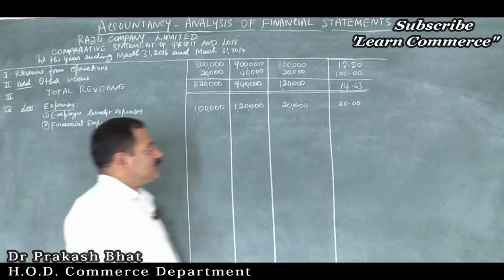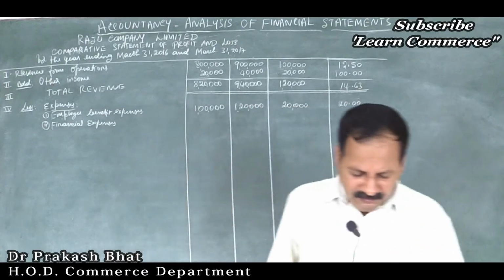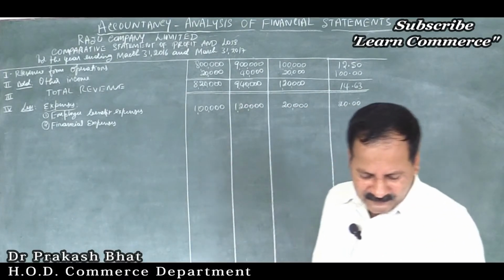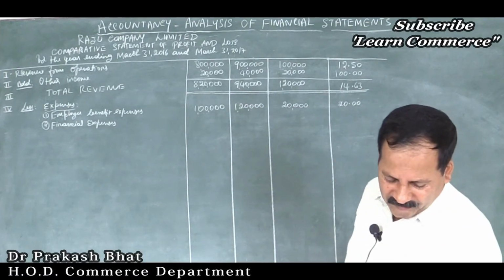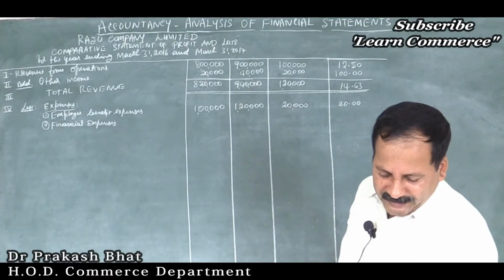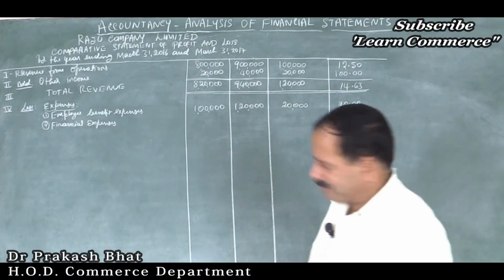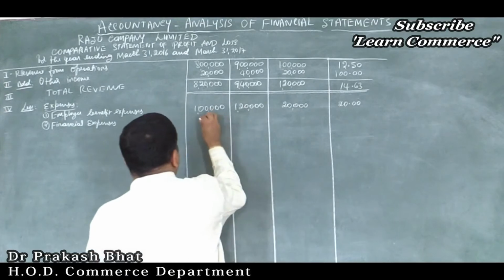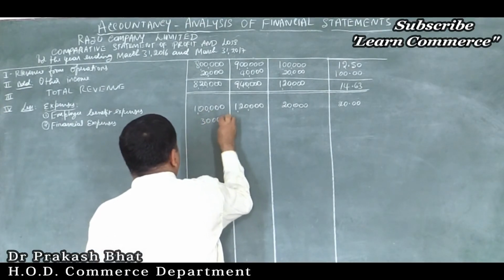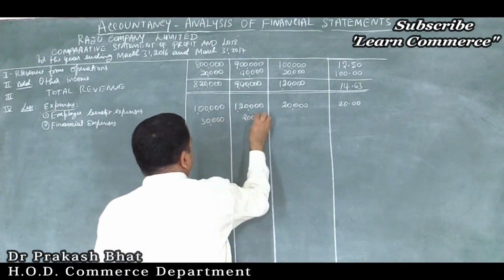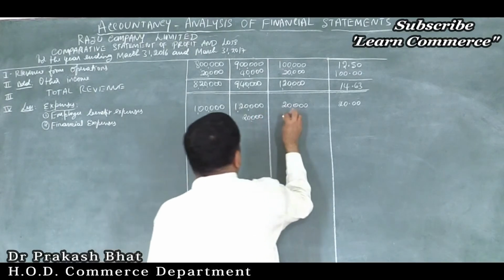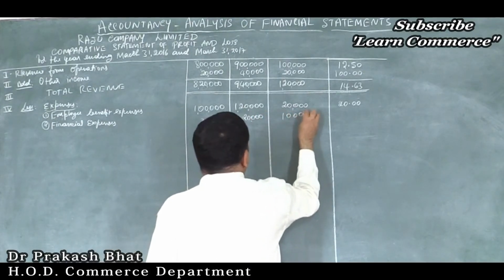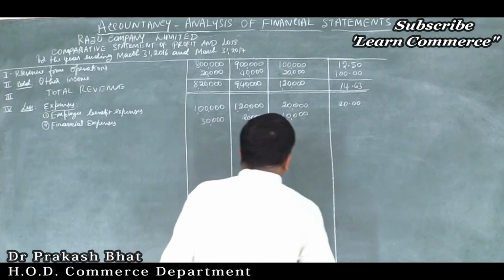Then second one, financial expenses. Financial cost or financial expenses 30,000 and 20,000, right? So there is an increase of rupees 10,000. For 30,000, 10,000.